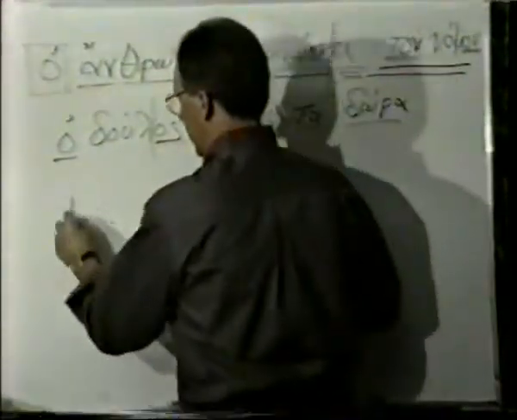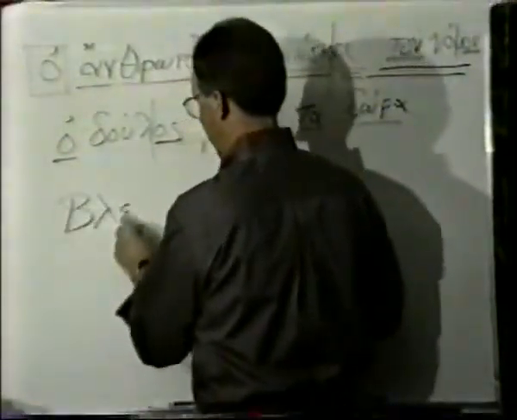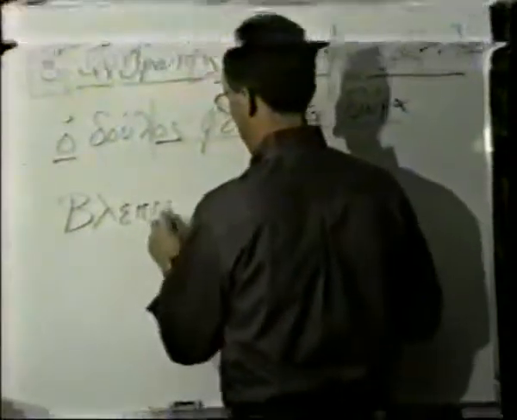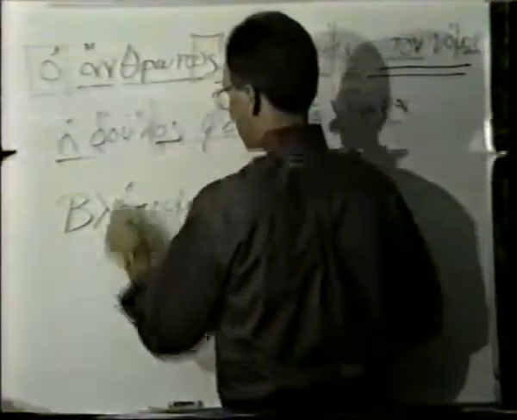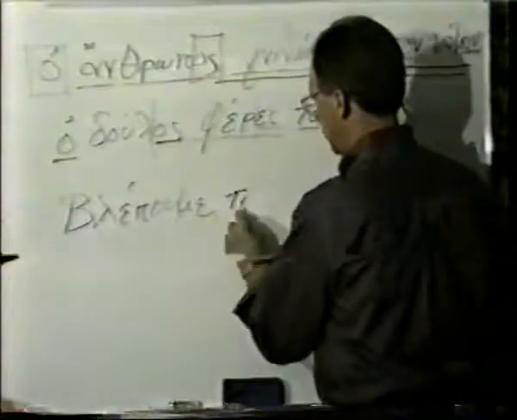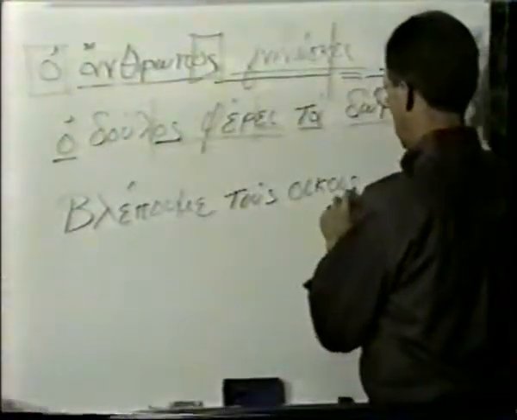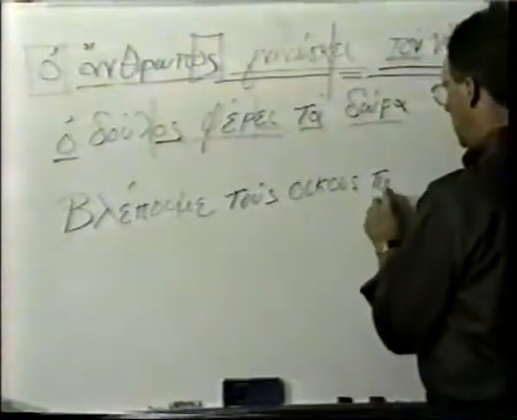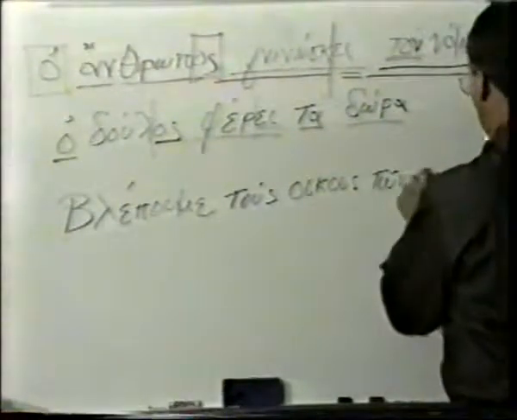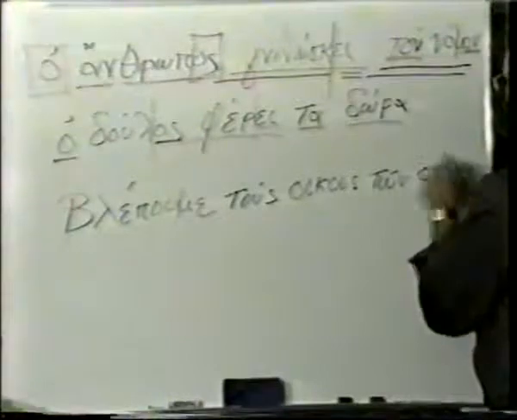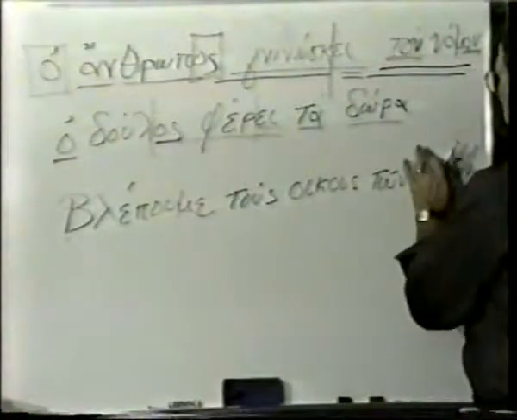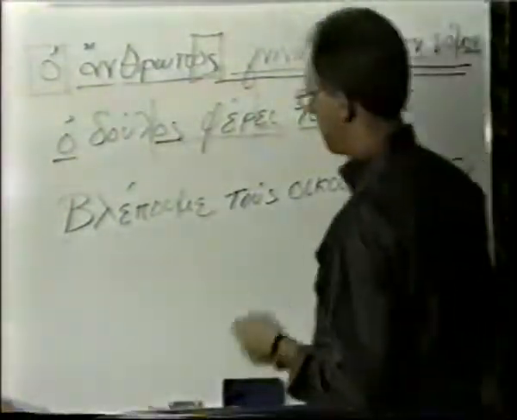Now, it looks like this. Βλέπουμε τους οίκους των όχλων. Okay?